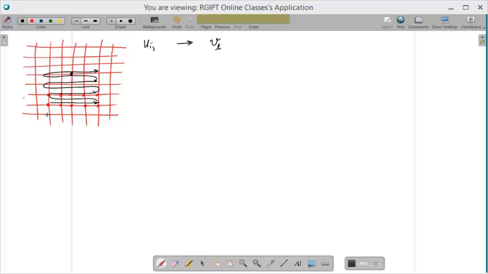U32 would be 3 here and 2 here. So this point. So U32 would be equal to V, you can just count it 1 2 3 4 5 6 7 8 9 10 11 12 13. So U32 would be like having V13. Okay, so that is how you rearrange your data.